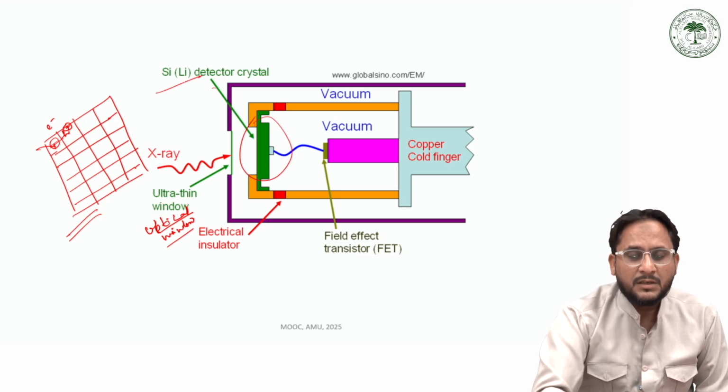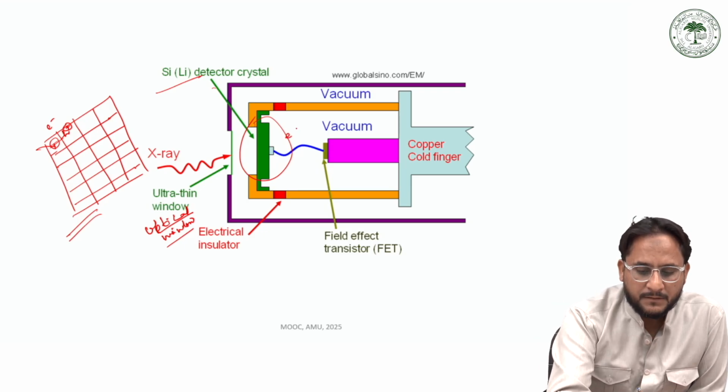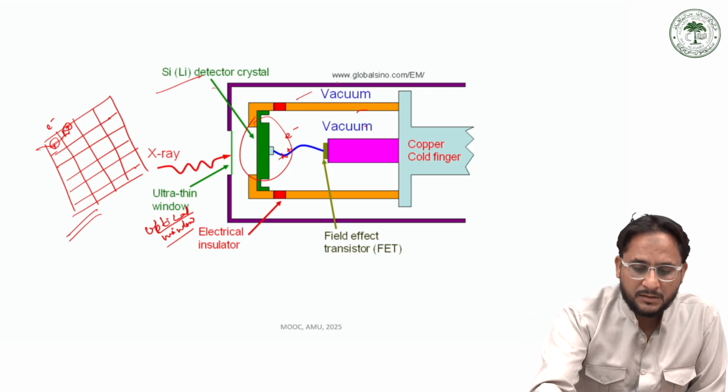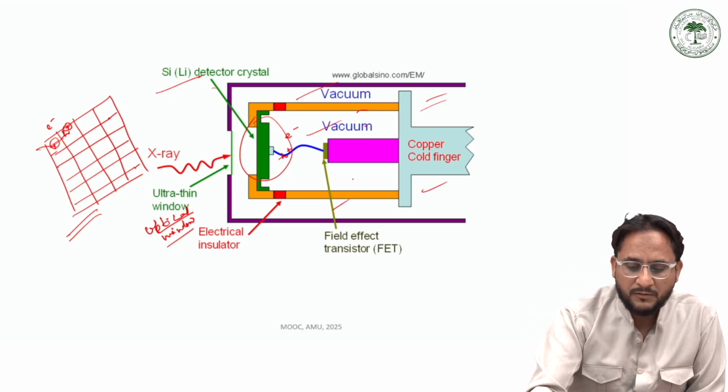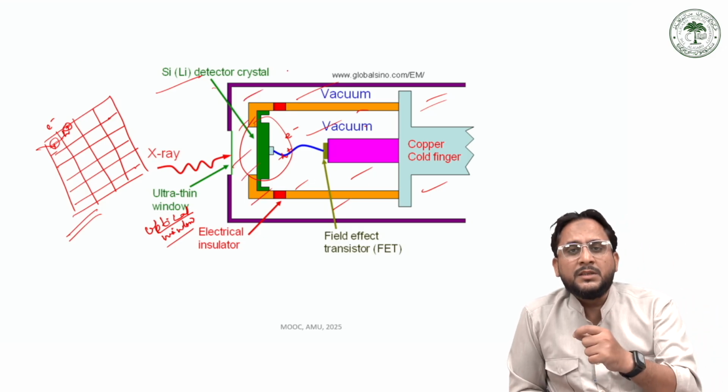This is a silicon based semiconducting material. When light falls on it, it creates an electron and hole pair. Those electrons travel to the other side, creating an electric signal, and this portion is filled with vacuum so that there is no possibility of these electrons being captured by some other molecule.